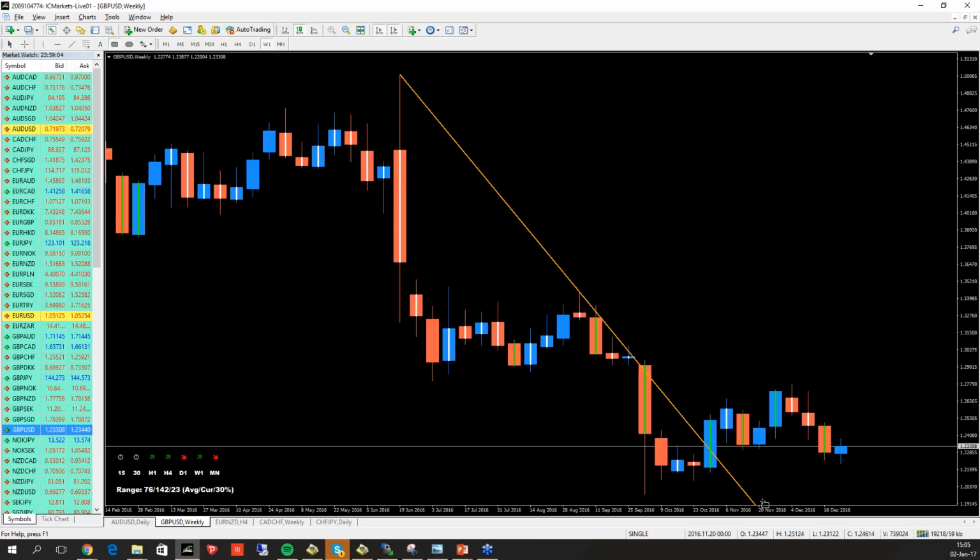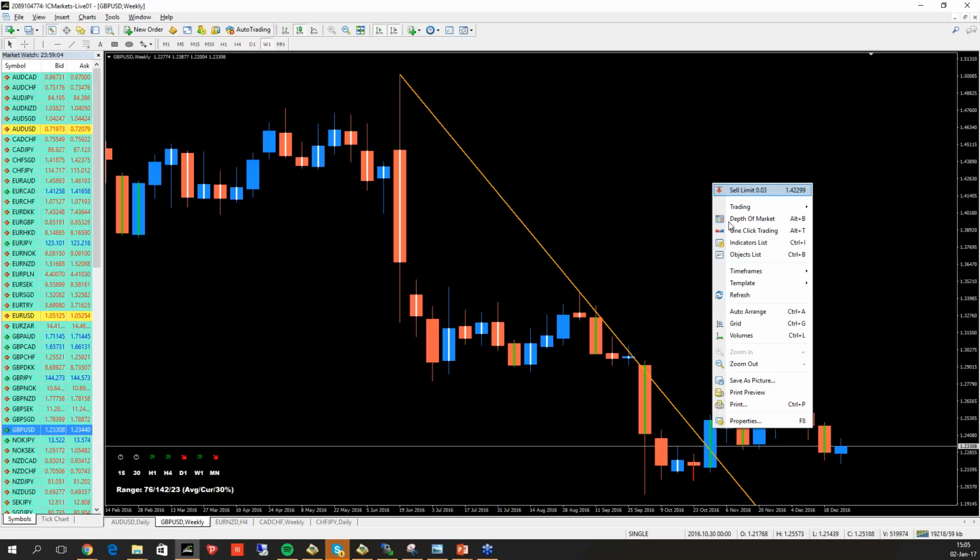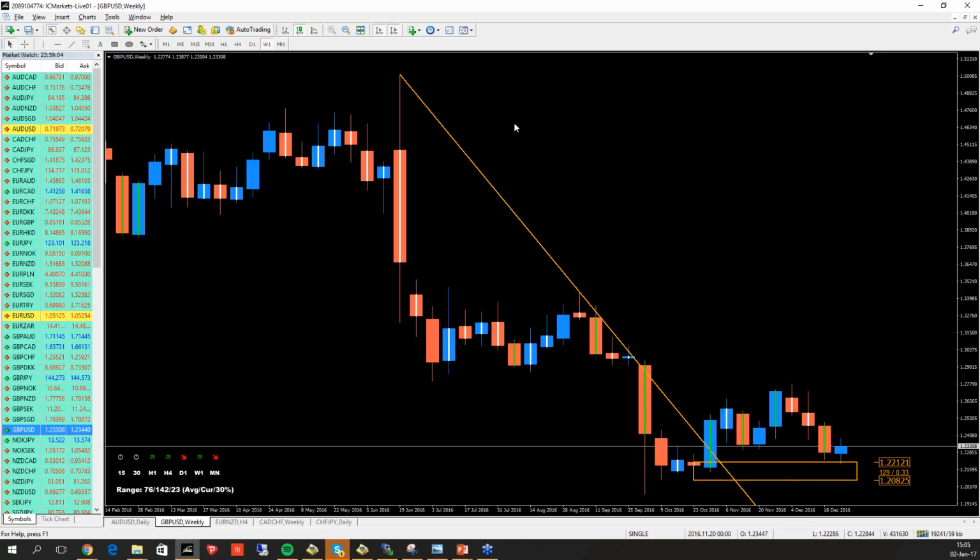Well, that qualifies this area of demand as demand, and this is exactly to the pip where price came to. See, price stopped on it, it didn't quite get to it, and then price poked into it, and now we're having a nice rejection, and we would almost have been up a 1-to-1 on that one there.